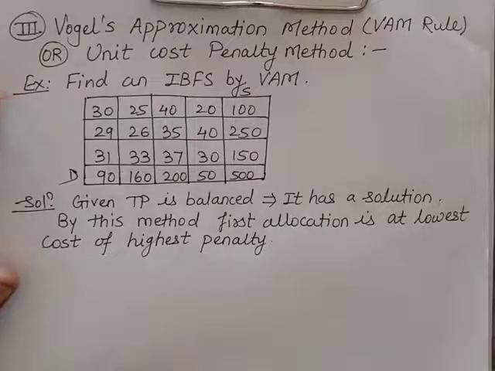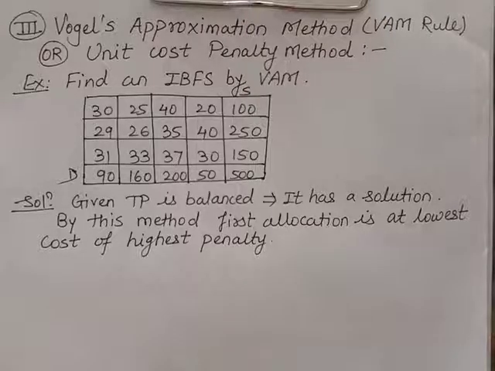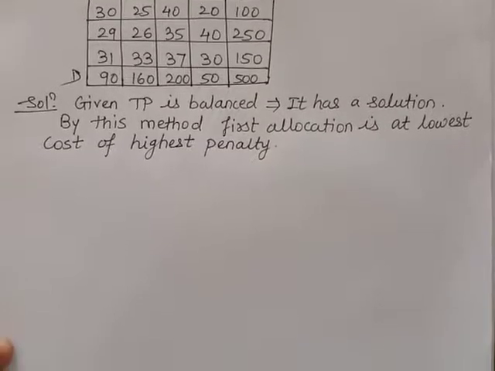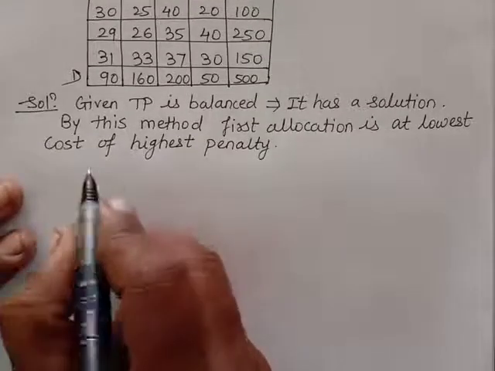Lowest cost of highest penalty. So now what is the penalty? Now here we have to determine row penalty as well as column penalty. Now how do we determine that? Let's see that part. Let me prepare a table for that. So we will prepare the same kind of table.